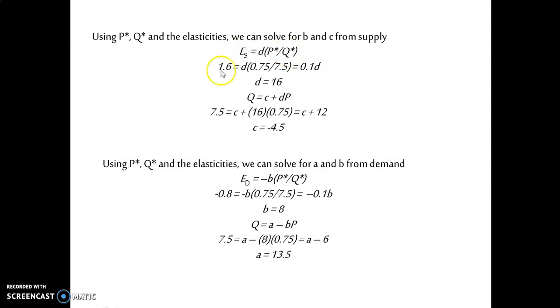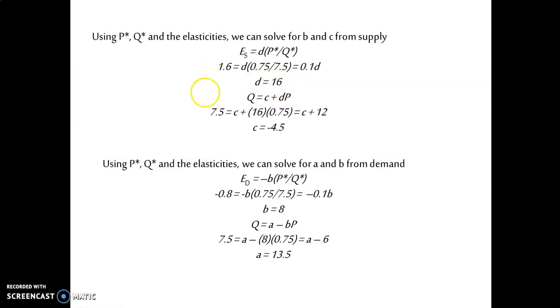So let's assume that we were given a price elasticity of supply coefficient of 1.6. D is one of the parameters we are solving for. And let's assume that we were given an equilibrium price of 0.75 and an equilibrium quantity Q star of 7.5. Thus, by rearranging, you can solve for D, and D is equal to 16.